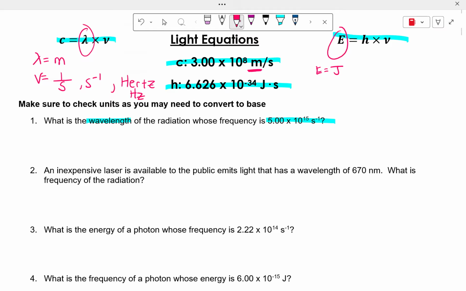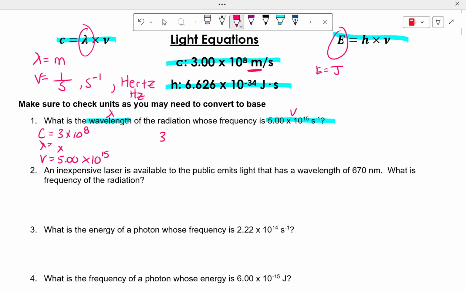So we're going to start. This is wavelength, this is frequency. So I can use this first equation, equation 1. This equation is pretty straightforward because, again, we always know this number. In this case, we're looking for wavelength. We have 5.00 times 10 to the 15th.